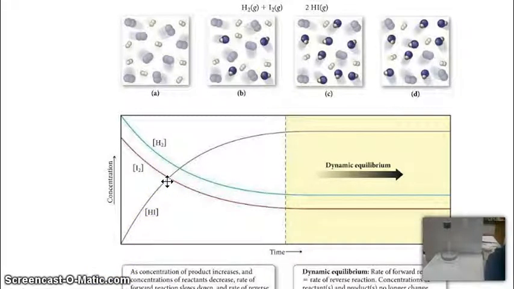So this graph is actually pretty accurate as depicting what's going on. And then after 32 seconds, notice that we now have 8 molecules of HI and only 4 each of H2 and I2. These are actually supposed to be the same line, but you wouldn't be able to see they're the same line, so that's why they separate them. They are actually supposed to overlap.